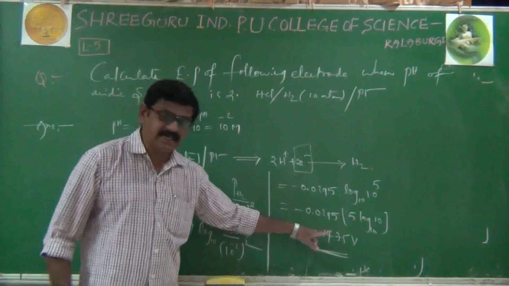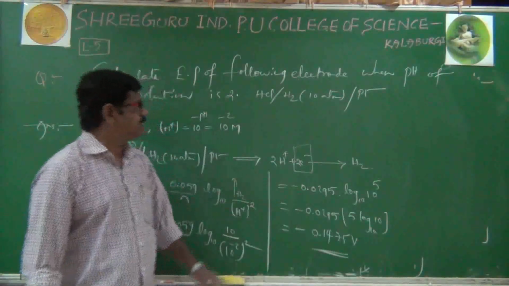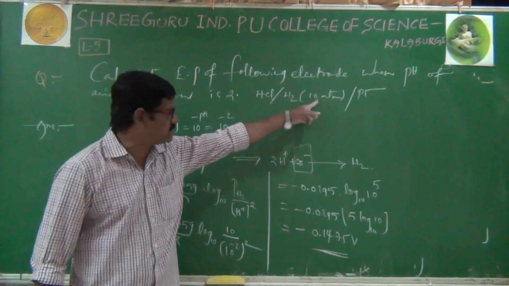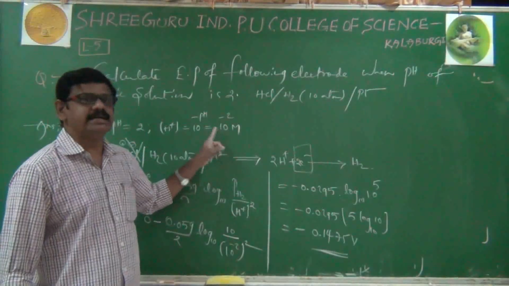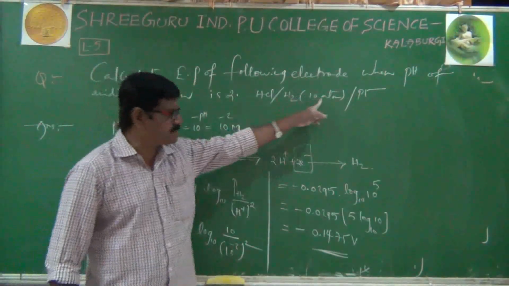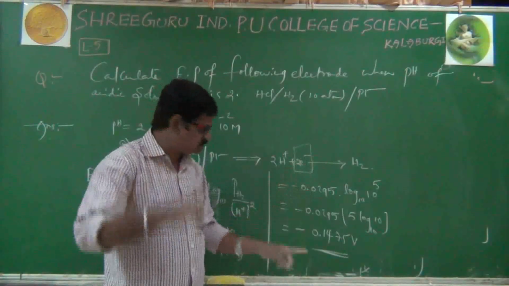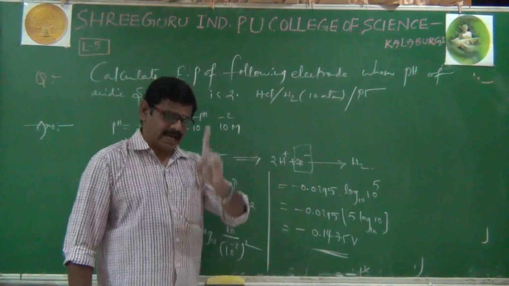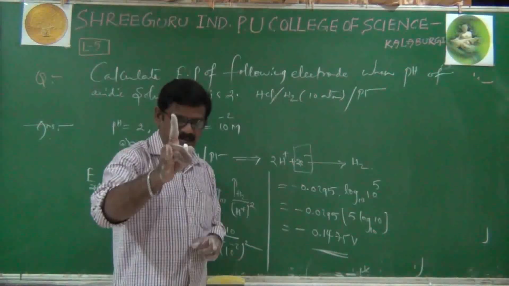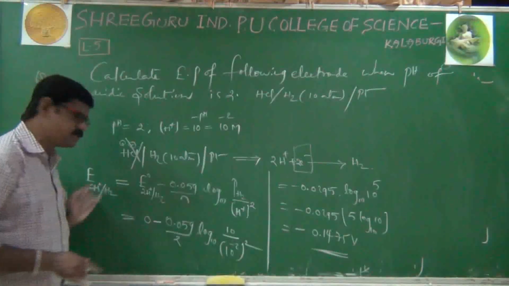Now, what is this? It is the electrode potential of hydrogen only. At what conditions? At 10 atmospheres pressure and concentration 10 to the power of minus 2. Remember, at this concentration and this pressure, this is the electrode potential generated for hydrogen. Means this is your answer. At 1 molar concentration and 1 atmosphere pressure, how much electrode potential will be generated? 0.